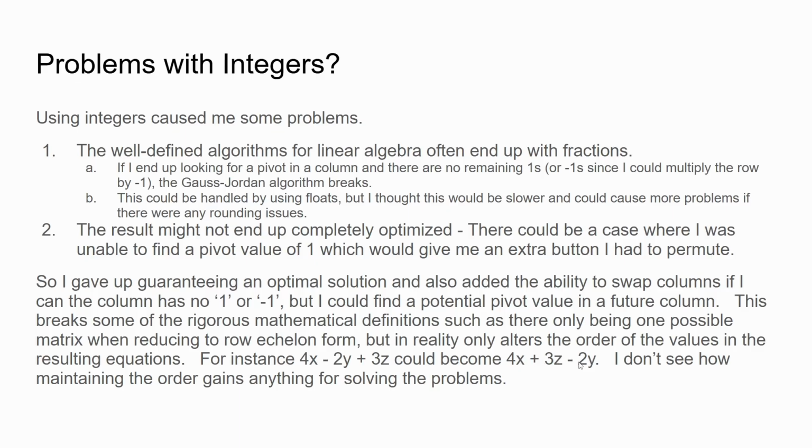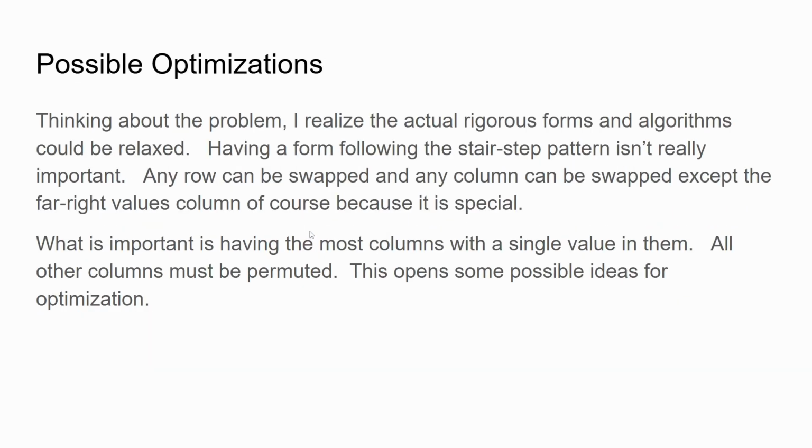Everything is still equally solvable. I get why a mathematician would rather see 4x minus 2y plus 3z than 4x plus 3z minus 2y, because they like to keep their letters in order. But if we keep track of the column swaps we do, we can just rearrange them at the end for the solution. That's exactly what I did.